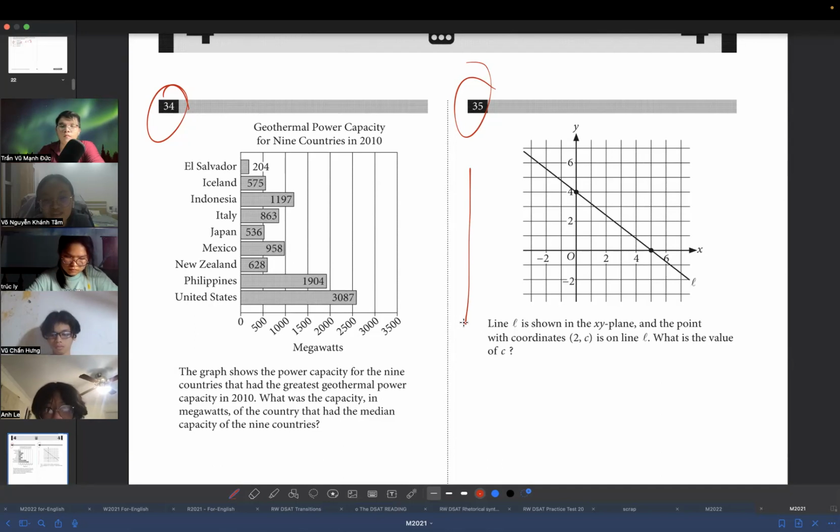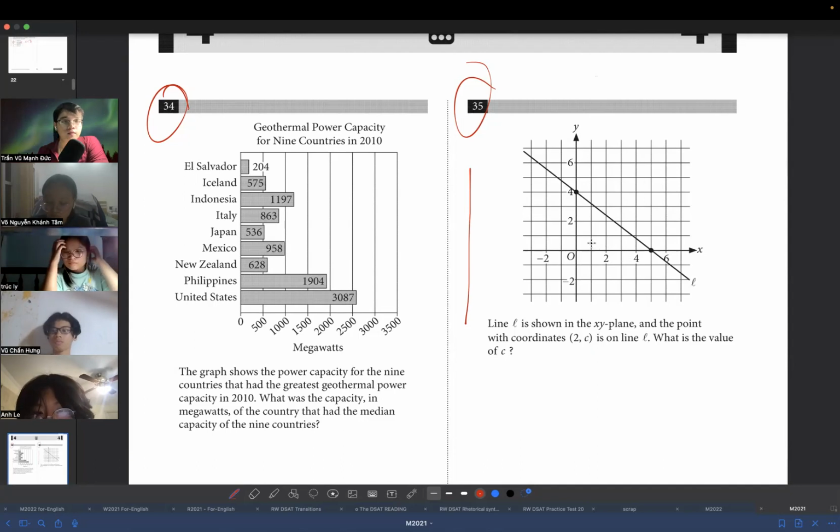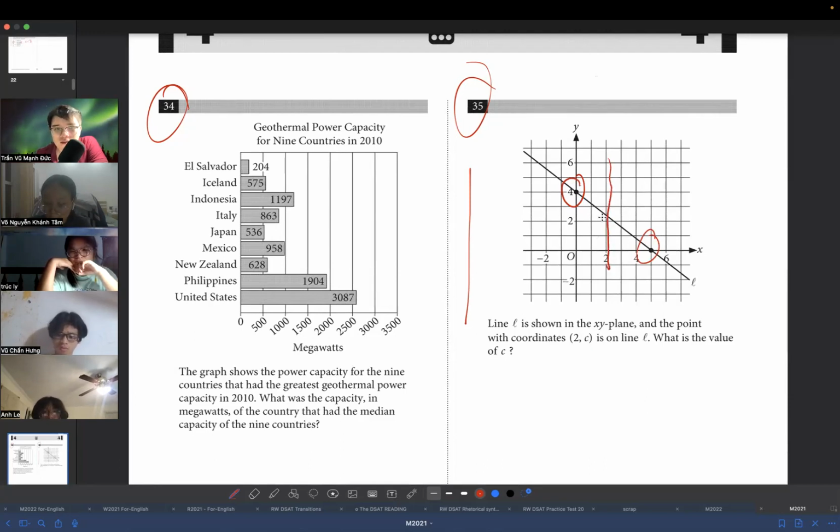2.5. So the misconception everybody gets is to assume on a graph that the 2 exists when it really doesn't, because the only 2 points they give us are 0, 4 and 5, 0. And if you just draw a straight line between the 2 points, you're gonna have the very middle point, I would say.